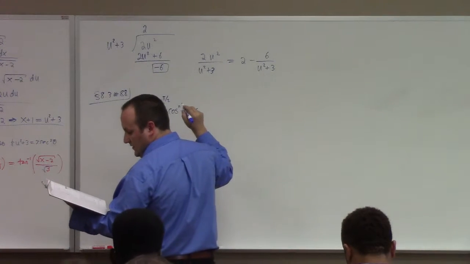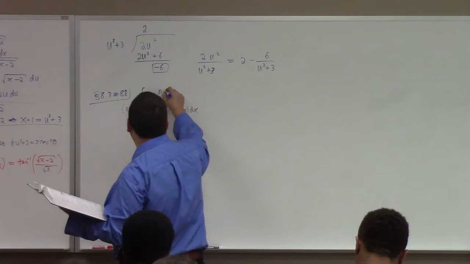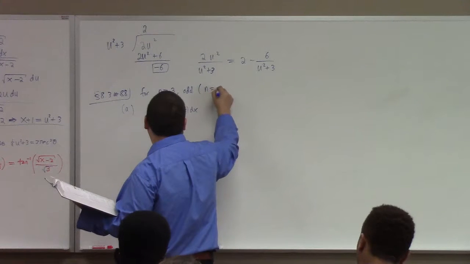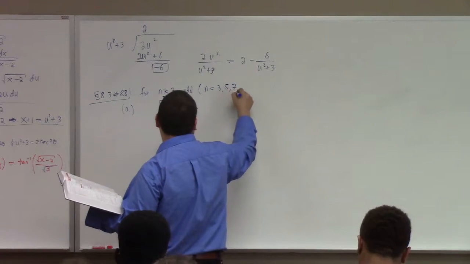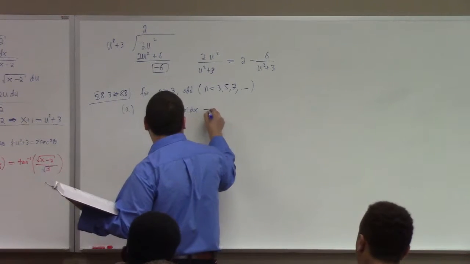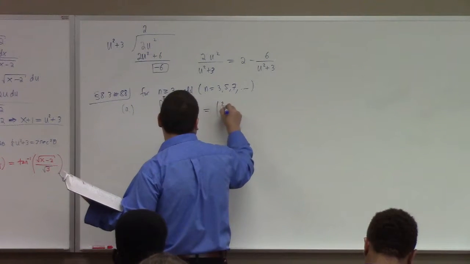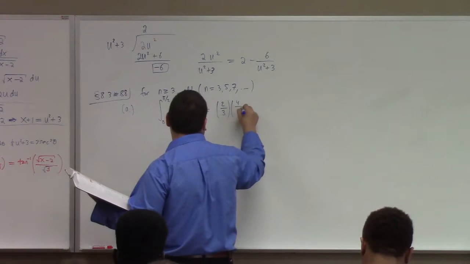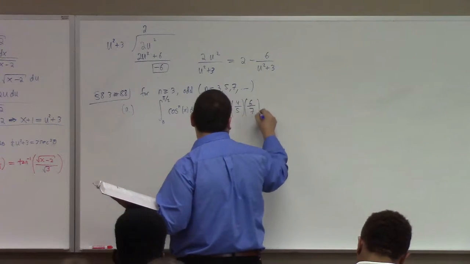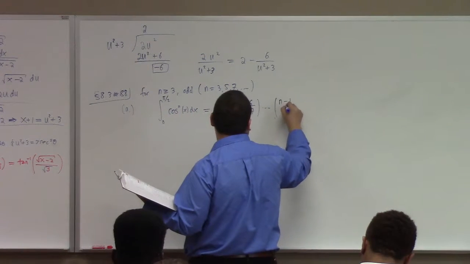Allegedly, we can show for n greater than or equal to 3 odd, in other words, n equals 3 or 5 or 7 and so forth, we have the following formula. The integral from 0 to pi over 2, cosine to the n of x, is 2/3 times 4/5 times 6/7 times n minus 1 over n.